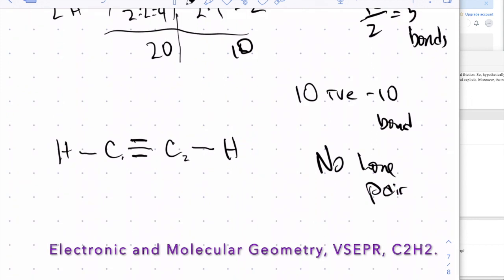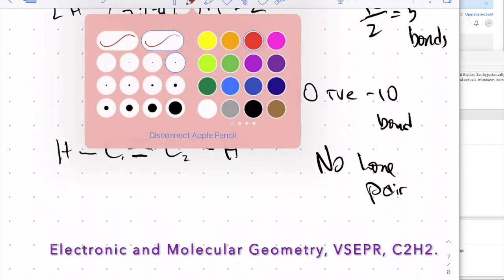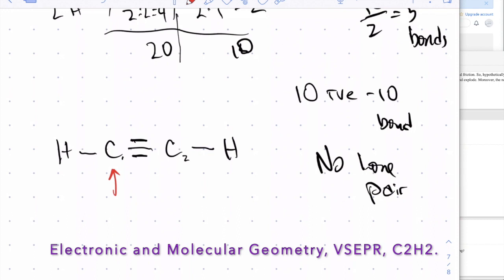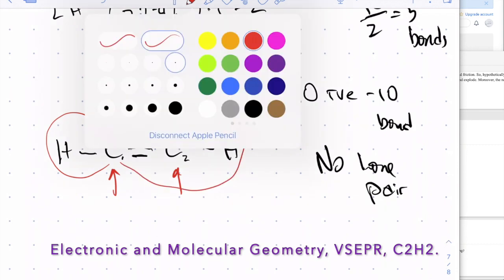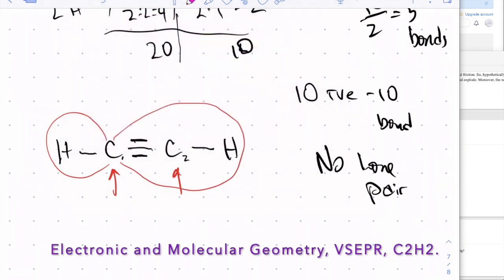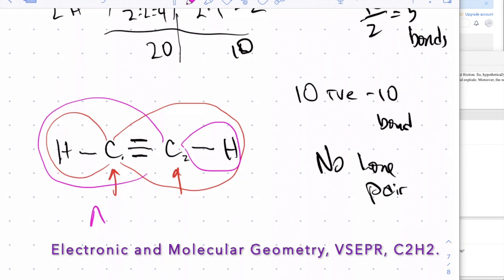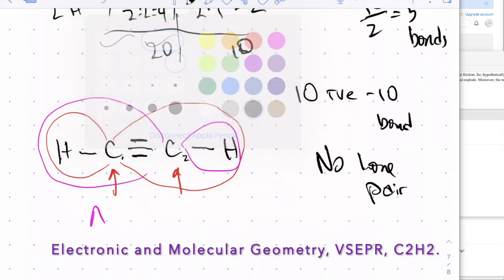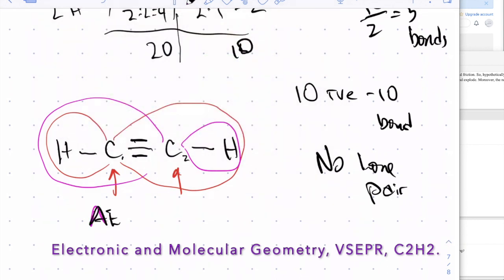Let's take a look at the central atoms. This is a central atom and that is a central atom, and they're identical. There are 2 regions of electron density for each. So this is AE2 and this is AE2.